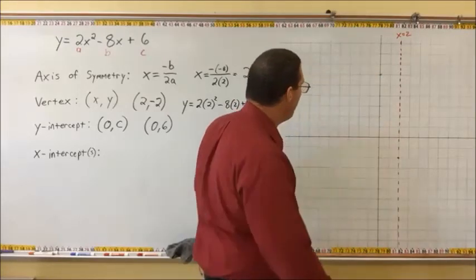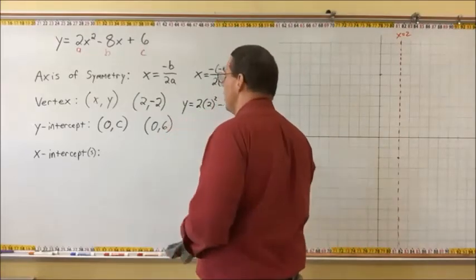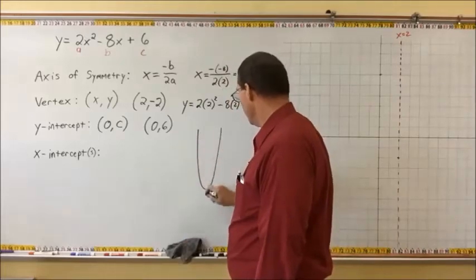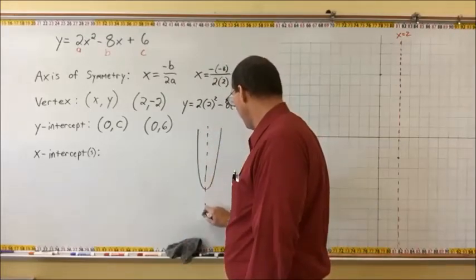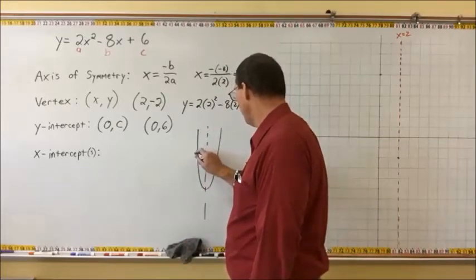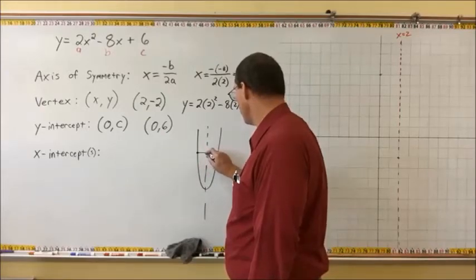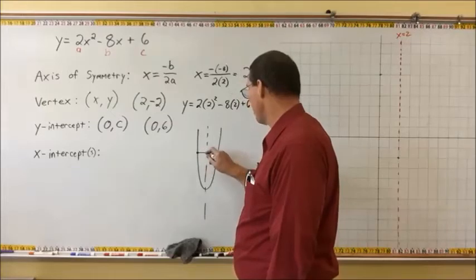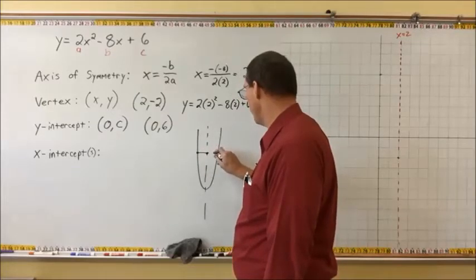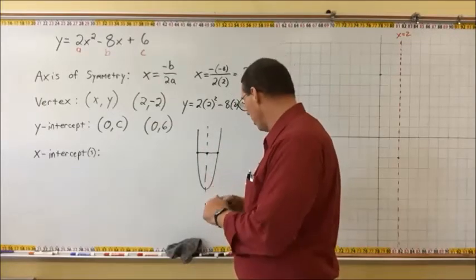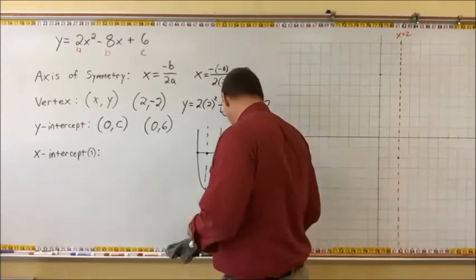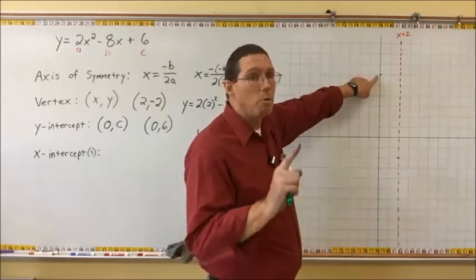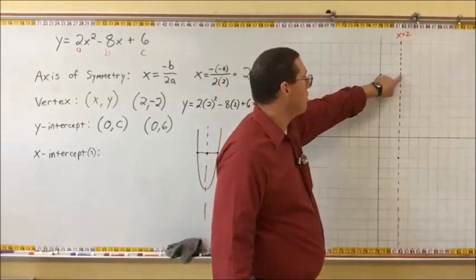Okay? Now, I do want to point out, remember what I said about the parabola being symmetrical? If there's a point over here, it's the same distance from that point to the axis of symmetry as it is from the axis of symmetry over to the other side. So here's what I want you to learn how to do. After you identify where the y-intercept is, count over to the axis of symmetry.